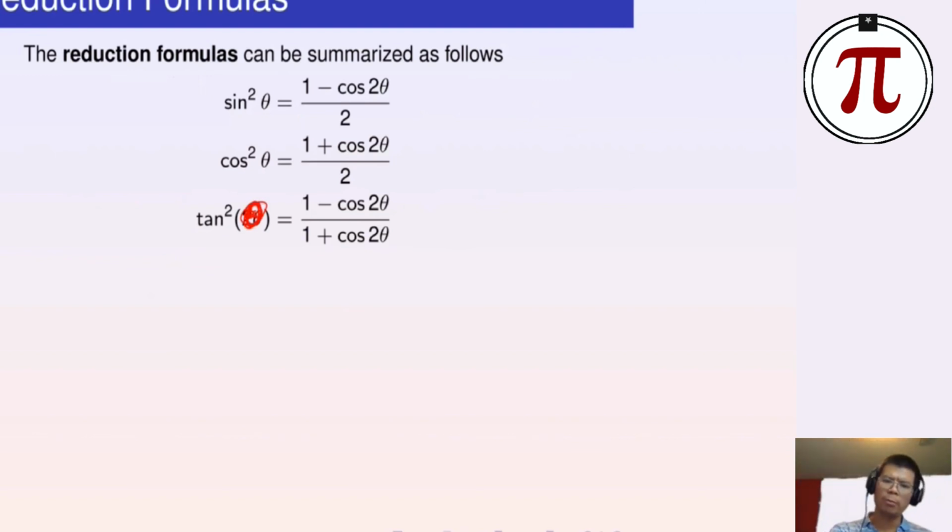They reduce the even power of sine, cosine, and tangent. So what is sine squared? It's 1 minus cosine 2 theta over 2. What is cosine squared theta? It is 1 plus cosine 2 theta over 2. And what is tangent squared? It is simply 1 minus cosine 2 theta over 1 plus cosine 2 theta.